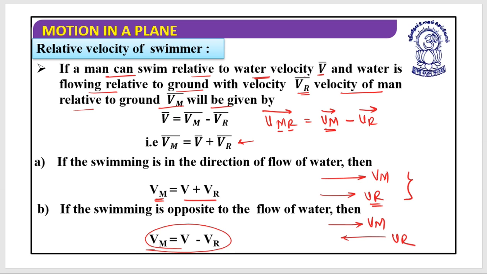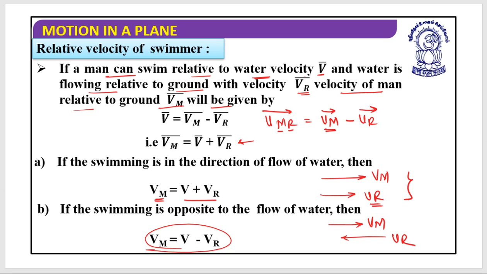Yes, do not misunderstand this. With the help of the concept that if two vectors are moving in the same direction, then the relative velocity can be found by subtracting them, and if they are moving in opposite directions, they can be added. Yes, it is a fact, but here the case is different.